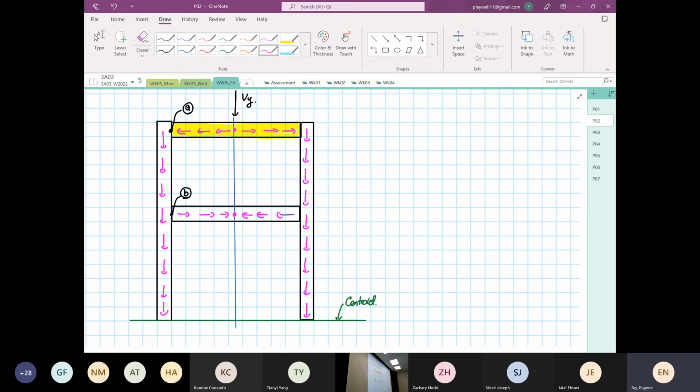It can get confusing now, yes or no? So this is the correct design of the shear flow.